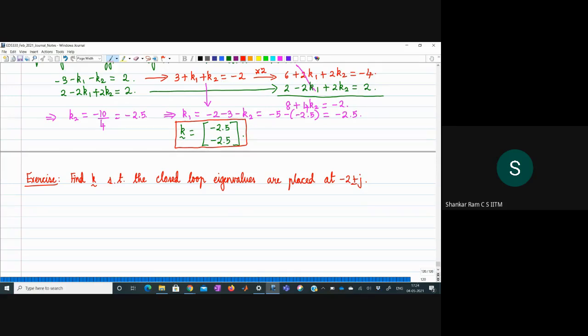The system is the same. So what I want you to do is find the vector K such that the closed loop eigenvalues are at -2 plus or minus j.